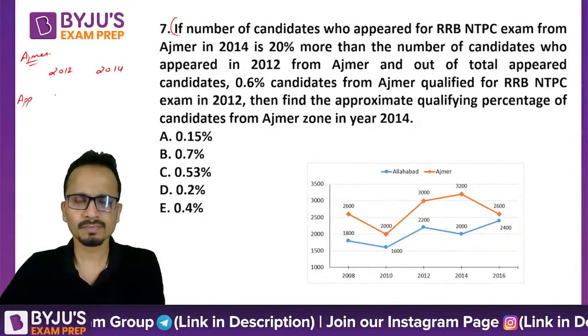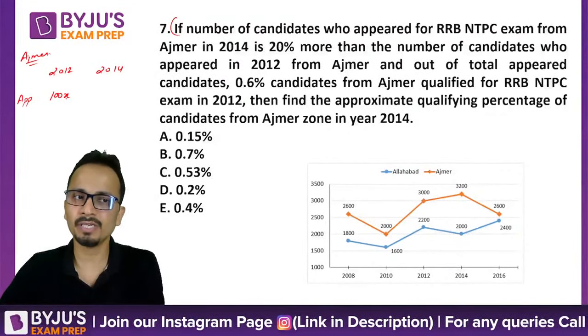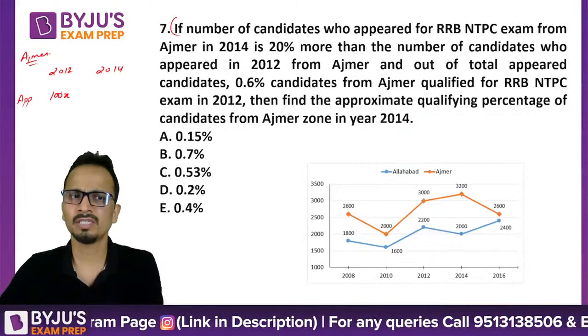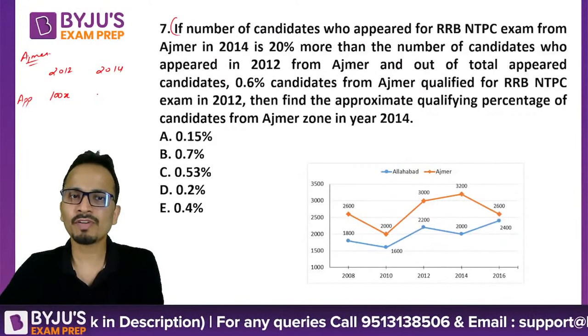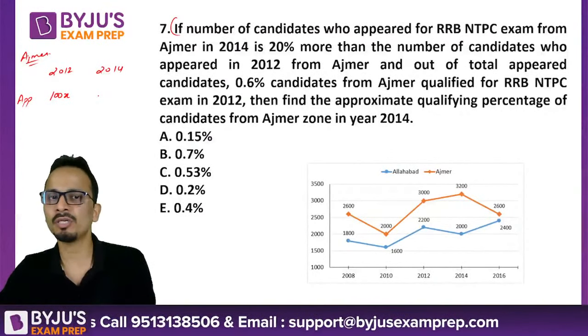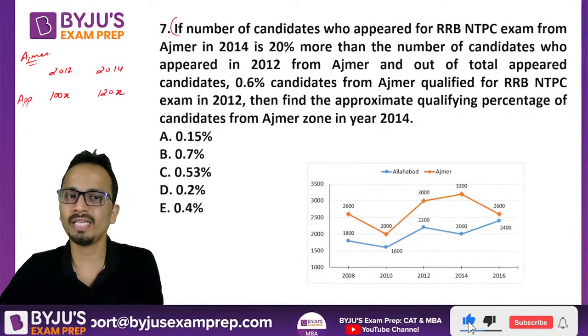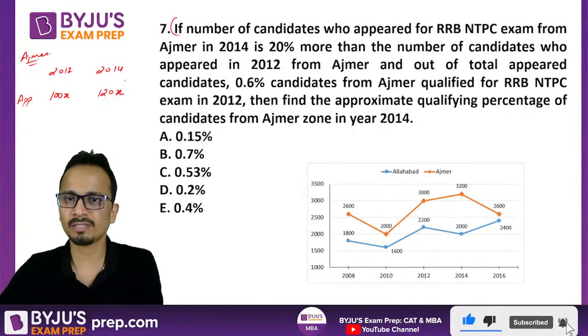Now if 100x candidates appeared in 2012, then the number of candidates who appeared in 2014 is 20% more than this number. So this will become 120x, right?